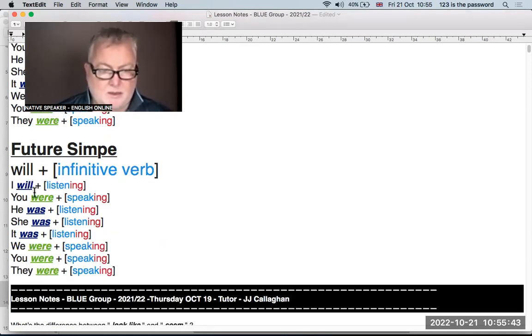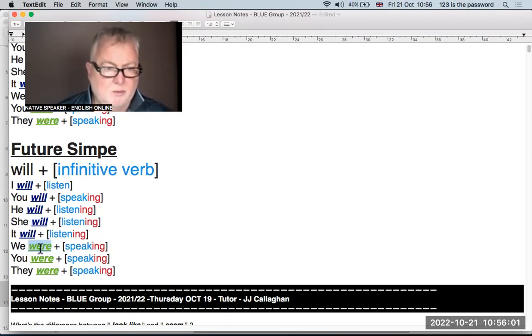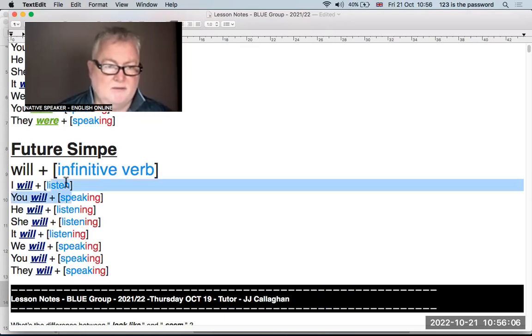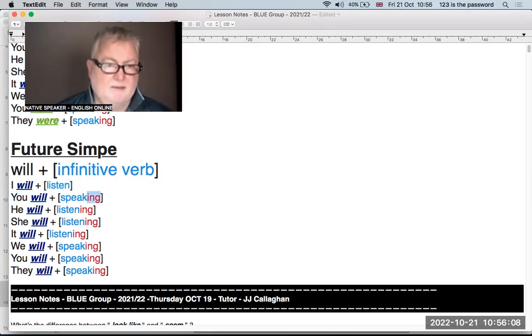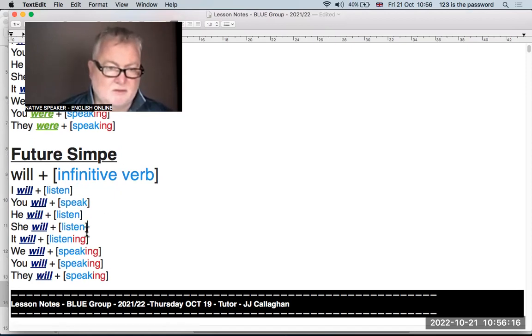No, it's I will plus infinitive. Okay. Good news on the modal. I will, you will, he will, she will, it will, we will, you will, they will, and then it's infinitive. I will speak. I will listen, etc., etc. Okay. So that's how they build.